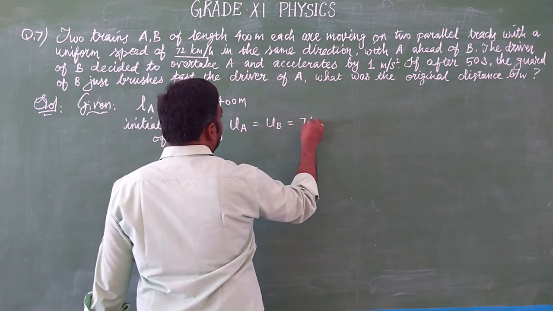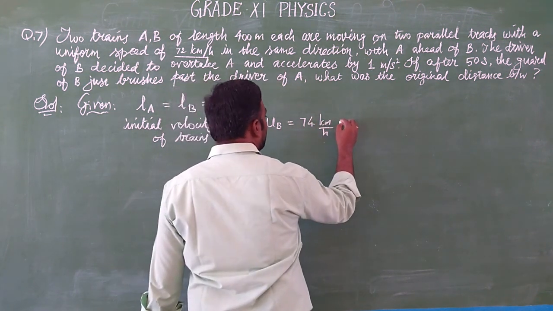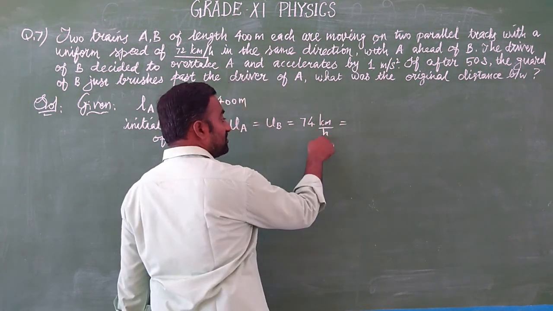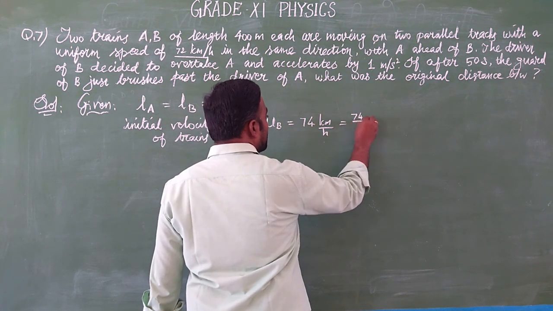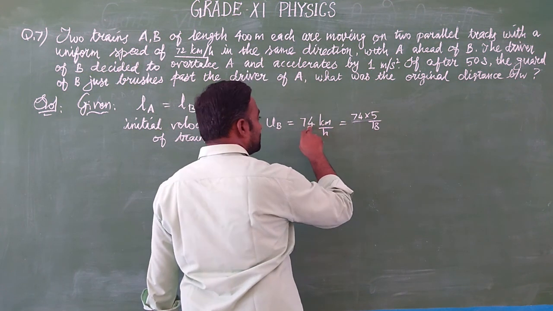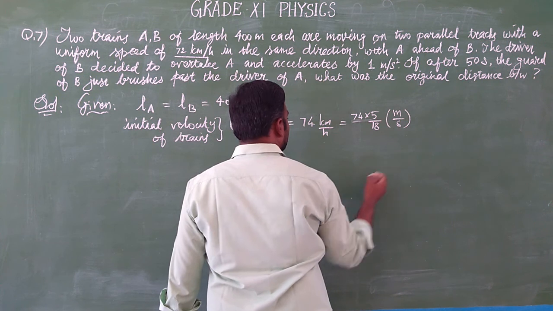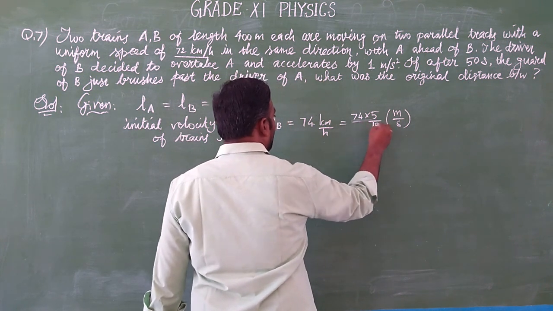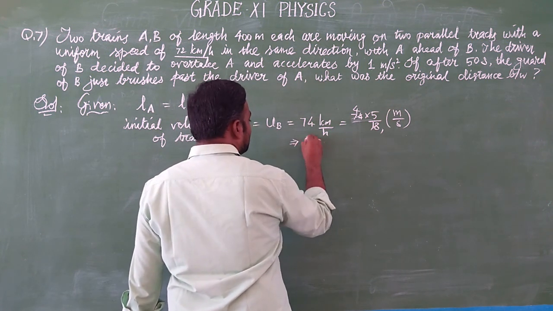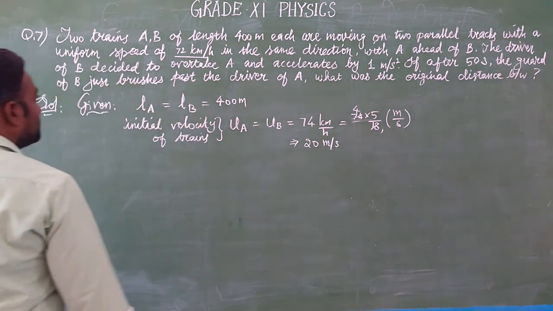That is 72 kilometers per hour. We want to convert it into meters per second. How do you convert kilometers per hour into meters per second? Multiply by 5 by 18. By multiplying this value by 5/18, we can convert kilometers per hour into meters per second. So the initial velocity is 20 meters per second. Okay, this is the given.